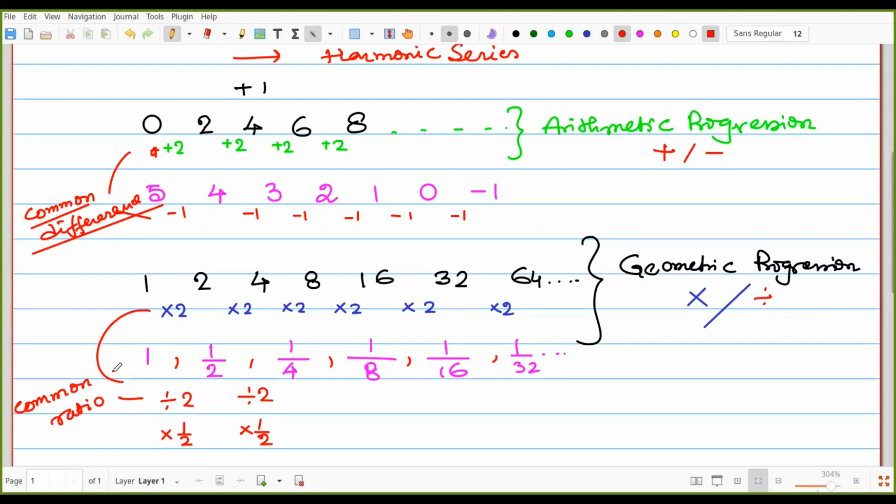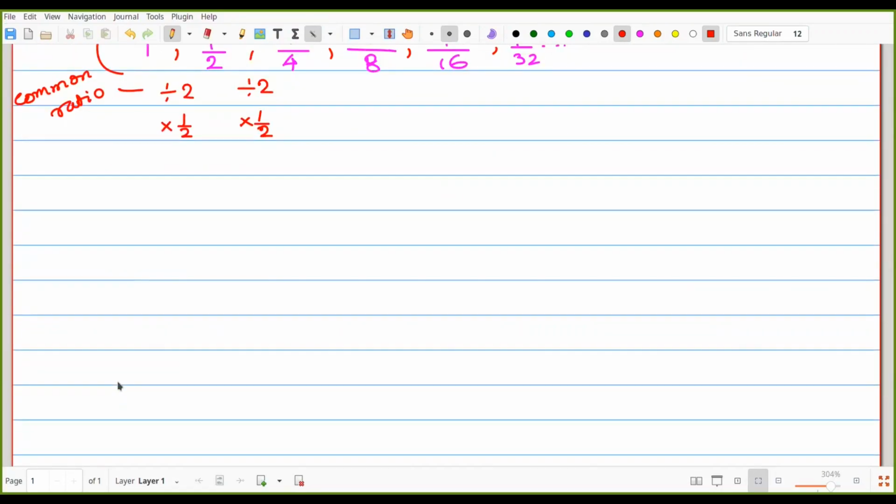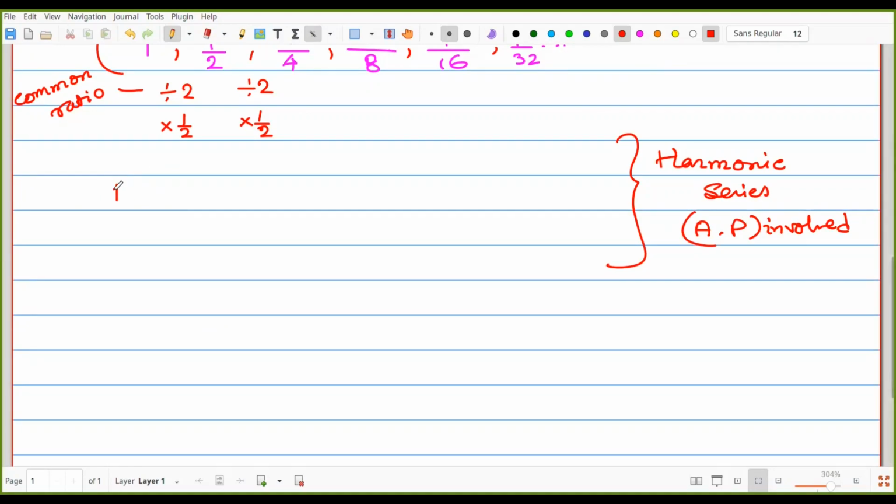So the first one is the arithmetic progression, the second one is the geometric progression, and the third one is called the harmonic progression or the harmonic series. In that case, the arithmetic progression is involved. Suppose we have a number starting at 1, then the reciprocals, that means the denominators, would be in AP.